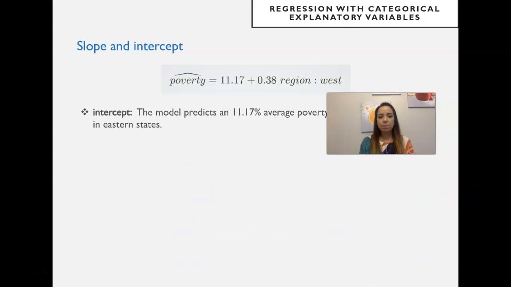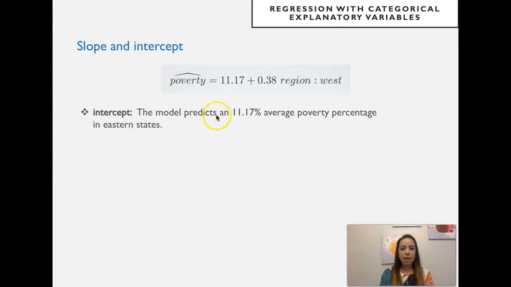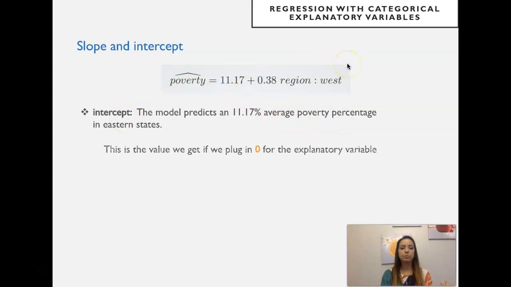So the model intercept predicts an 11.17% average poverty in eastern states, because we're setting this to 0. This is the value, because the interpretation of the intercept, right, is the value we get for y when we plug 0 for the explanatory variable.